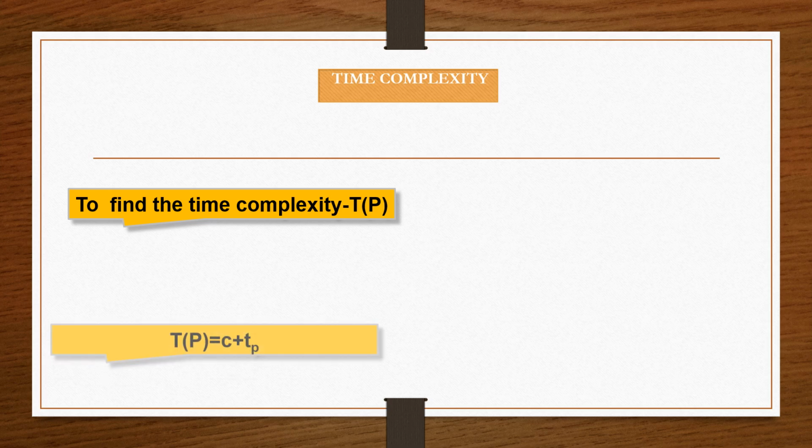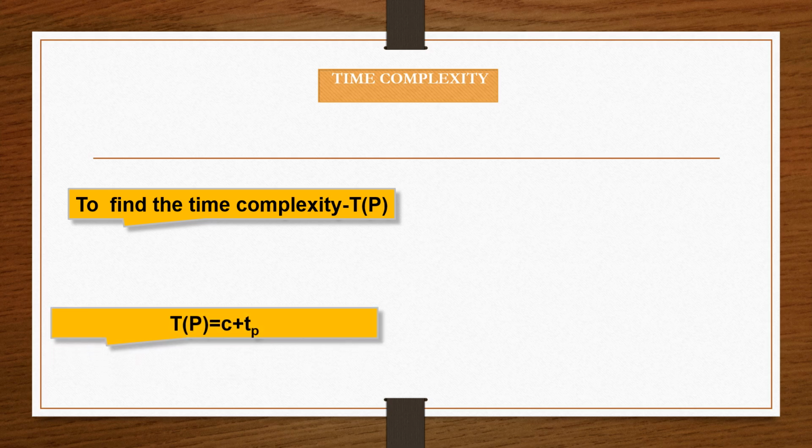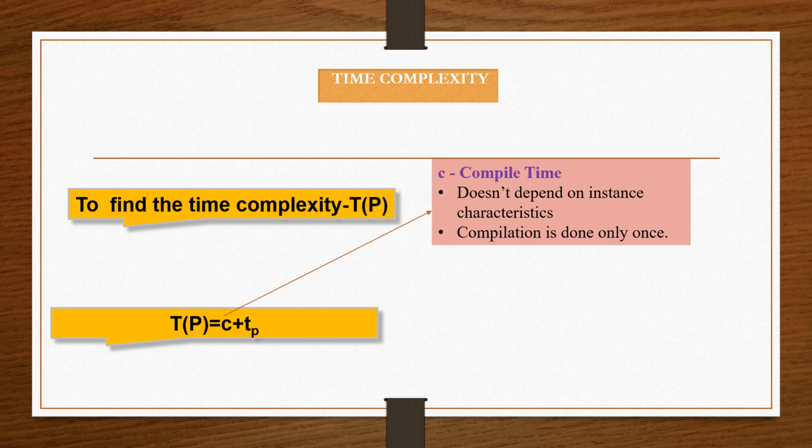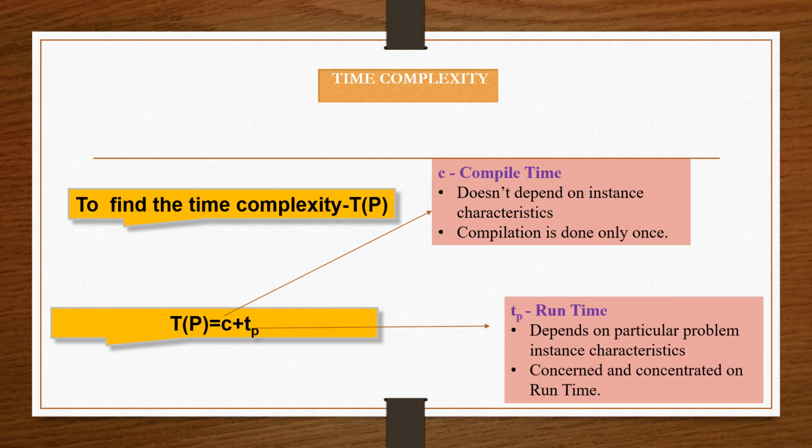To find it, we have a formula: T(P) = C + Tp. What is C? C is the compile time. It does not depend on the instance characteristics and it is done only once. Whereas Tp is the runtime. It depends on the particular problem instance characteristics and is concerned with the runtime.